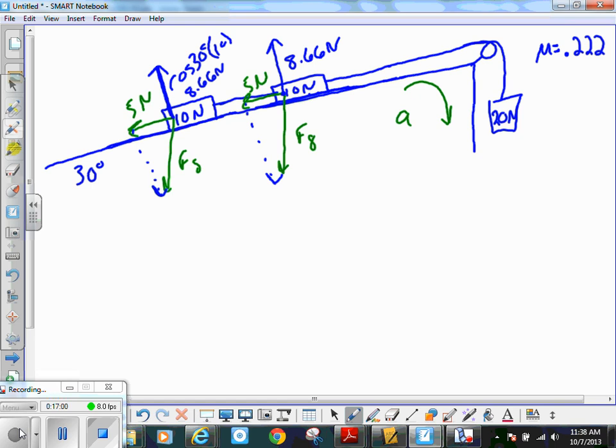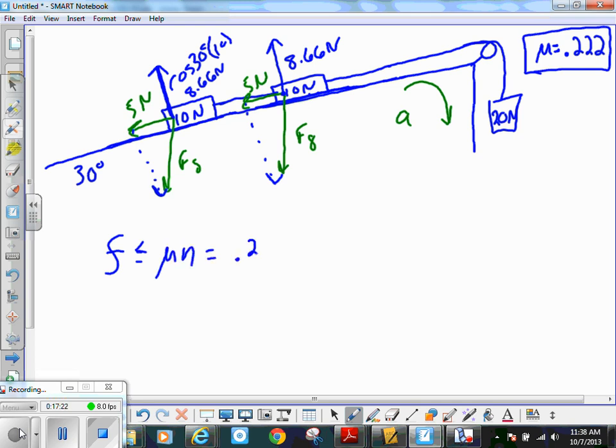Okay, so now we still don't have our friction though, right? Because that looks like a big number. Those alone would overcome 20 newtons with the other 10, but we only take into account a portion of the normal, because the whole friction formula, remember, is friction is less than or equal to the coefficient times the normal.